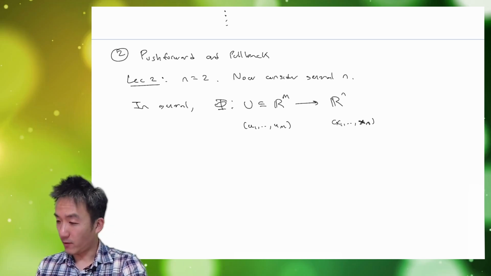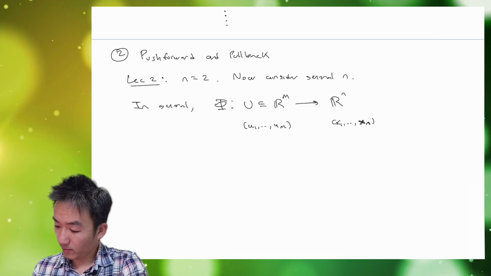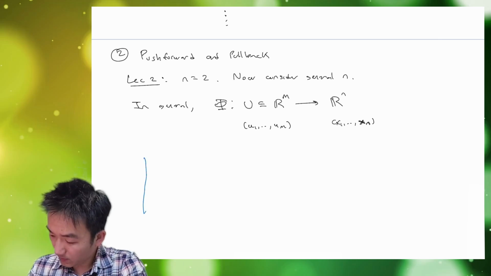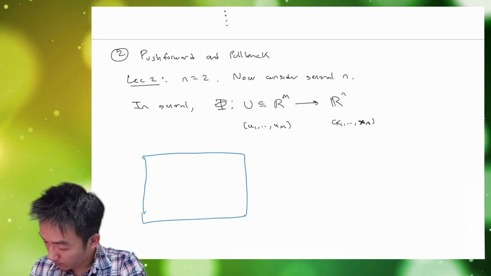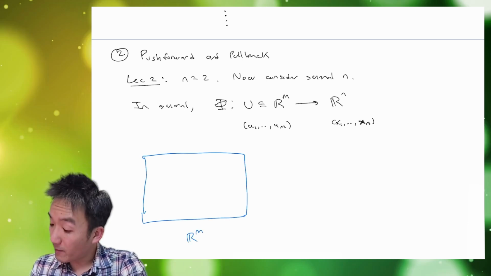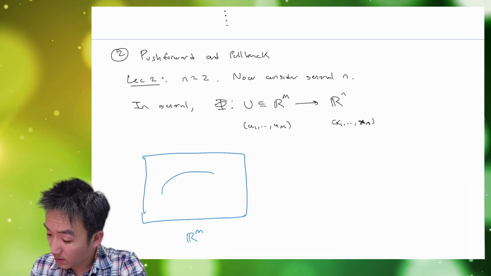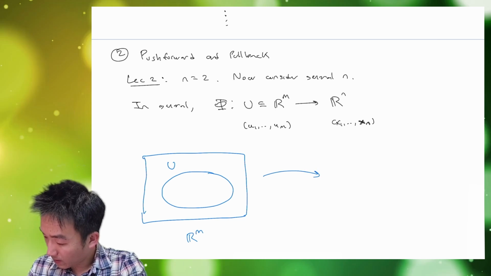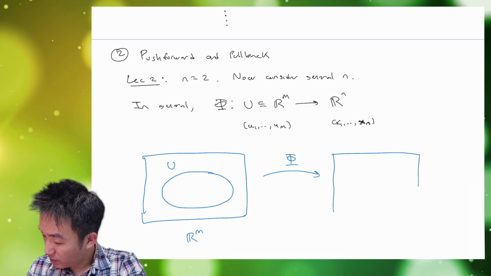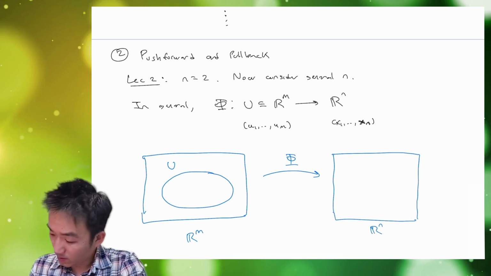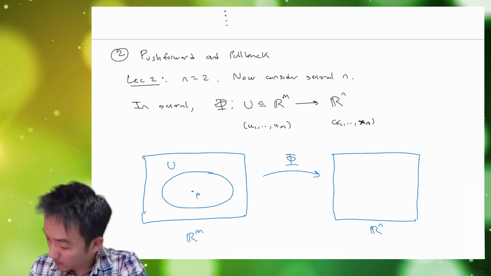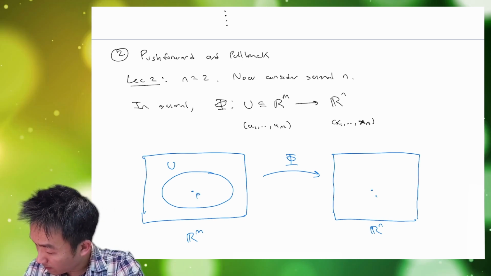So we have the following picture. This is R^m, and our map phi is defined on some subset U, and it maps to the target space, which is R^n. Here's a point p, and it goes to phi(p).